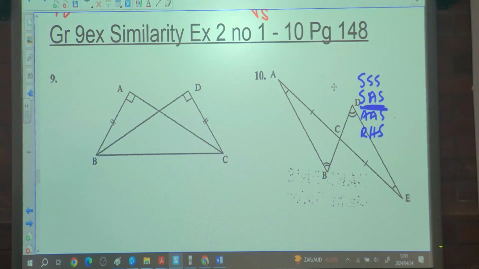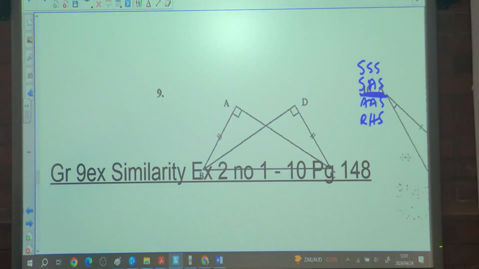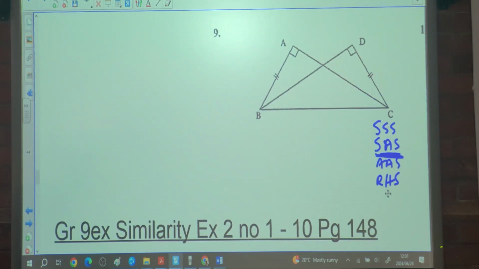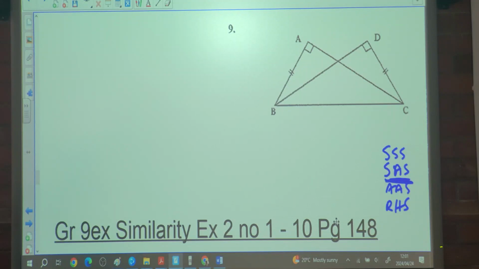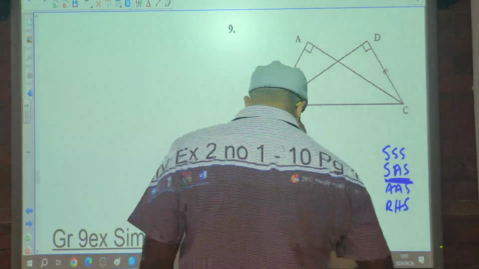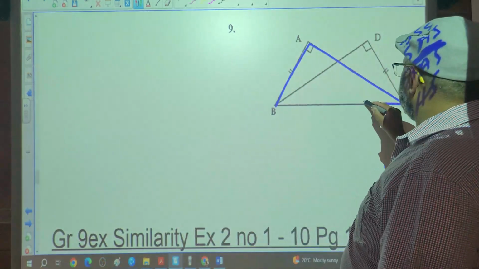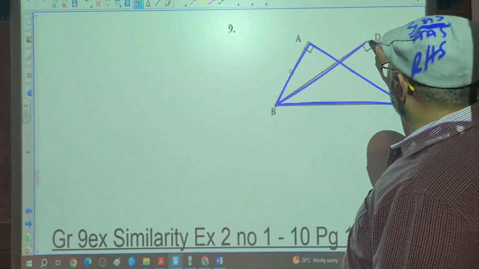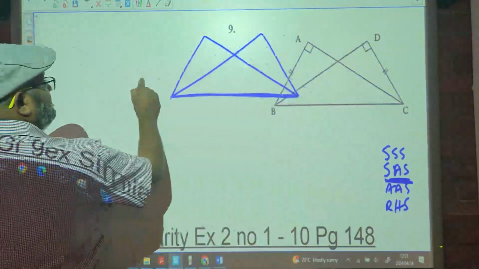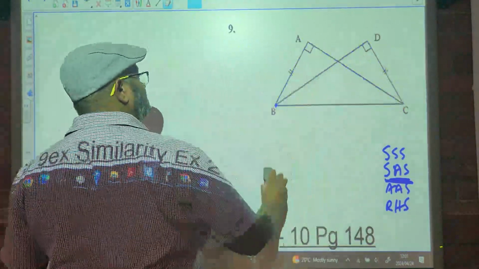Let's go with the next one. Number 9. I think it's easier if we take it apart, not so?